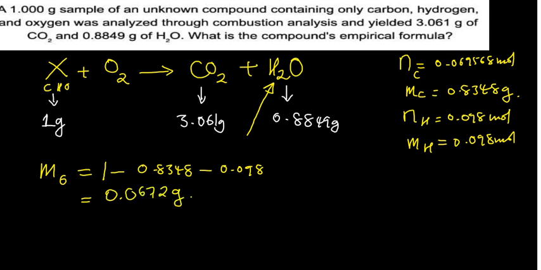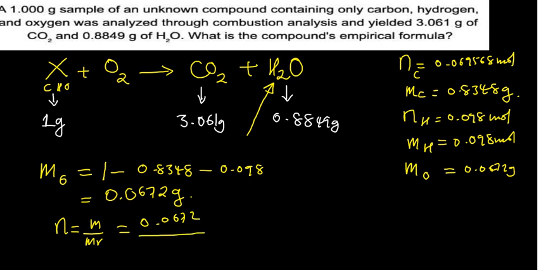So we are going to now put mass of oxygen is 0.0672 grams. Now let's convert this to moles. So number of moles is going to be mass over molar mass. So the mass of oxygen we found is 0.0672, and then the molar mass of oxygen is 16. And then divide that answer by 16.